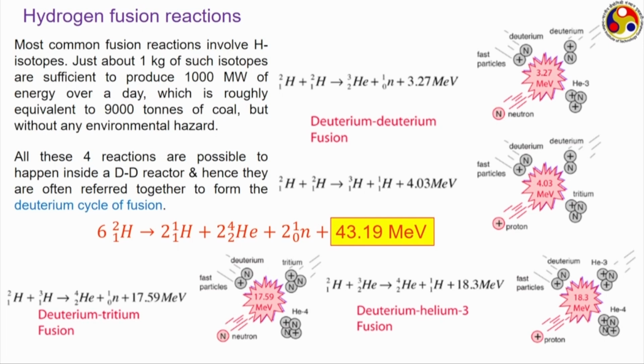If you consider the total number of nucleons participating in this reaction, it is only 6 into 2, that is 12. Only 12 nucleons are participating, giving an ultimate yield of 43.19 MeV, which is about 3.5 MeV of energy per nucleon, as we calculated earlier, which is definitely much more than what we get in a fission reaction.